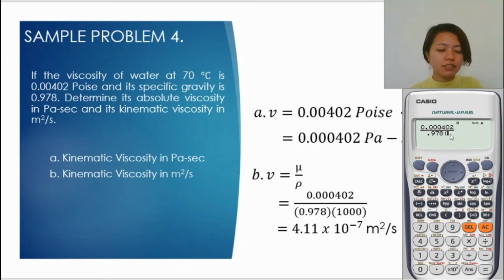Density man ang gipangayo, no? So, i-times 1,000 talang ni siya in terms of the density of water. So, we have here 4.11 times 10 to negative 7 meters squared per second.